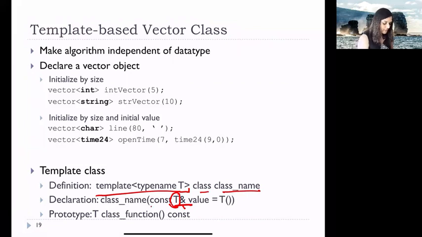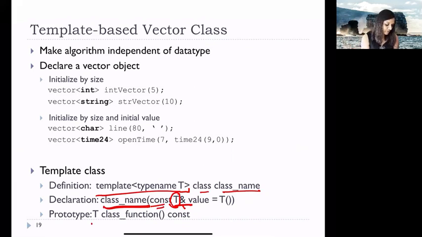You can define it as const by using the const keyword. You can declare it as constant in your declaration statement of that class. And you need to use a prototype. While you are defining the function that uses a template, you define the prototype of that function. What is a prototype? A prototype is something that can be referred to for different implementations.